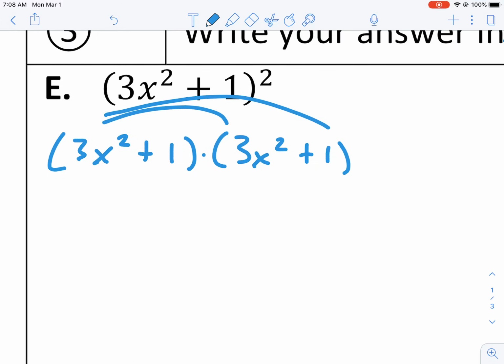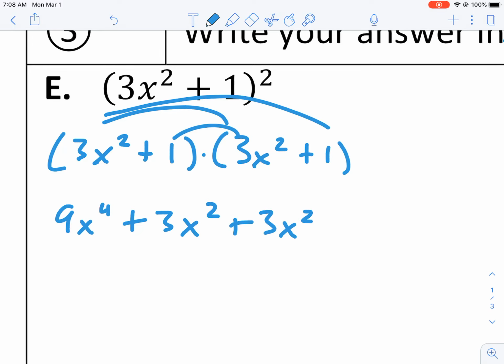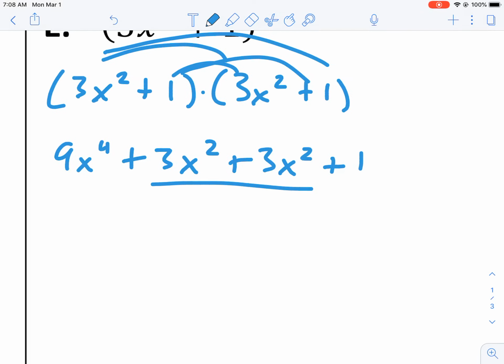So 3x squared times 3x squared, that's 9x to the fourth. Here the exponent rules are kind of coming into play because the 2 times 2 makes x to the fourth. 3x squared times 1, that's 3x squared. And then 3x squared times 1, that's 3x squared again. And then 1 times 1, that's 1. Now once you do that, you'll have to combine like terms again.